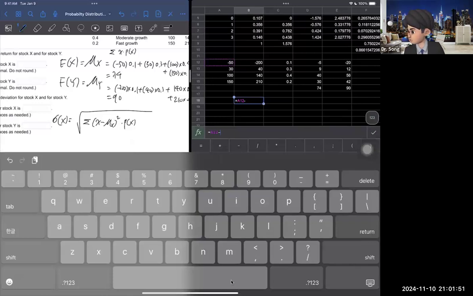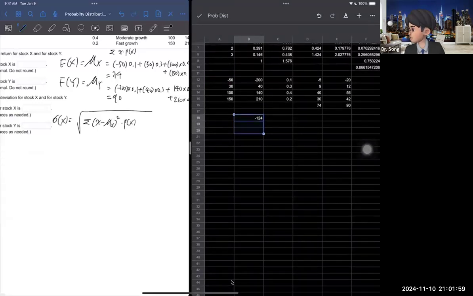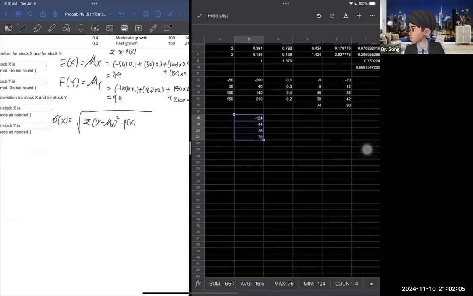In this case, let me just put the number 74 instead of fixing a cell. And then you do the same thing for the 30, 100, 150. You calculate the difference from the 74. So 30 minus 74 is -44, 100 minus 74 is 26, and 150 minus 74 is 76.